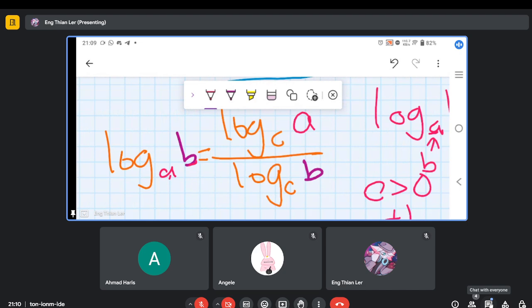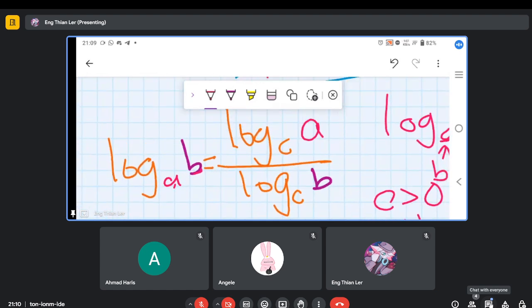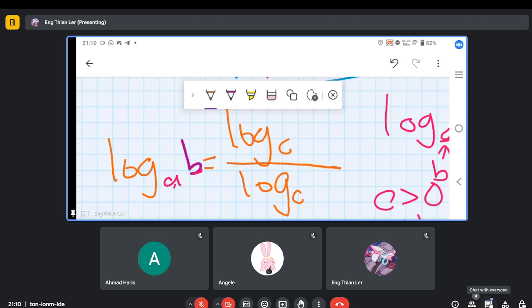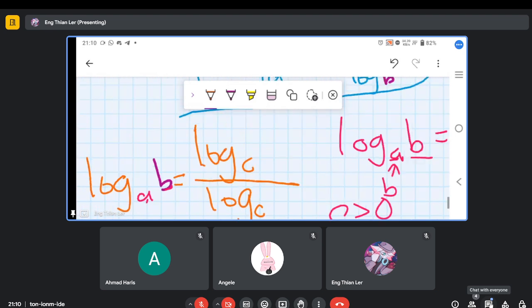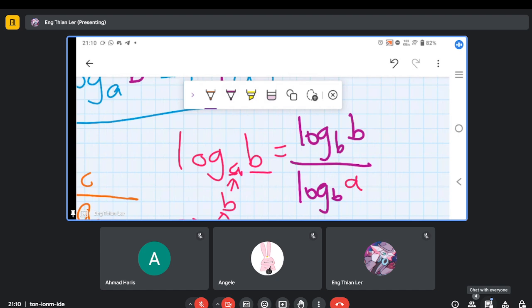Oh wait. This is B first. Log CAB equal to log CA over log CB. Log BB over log BA.